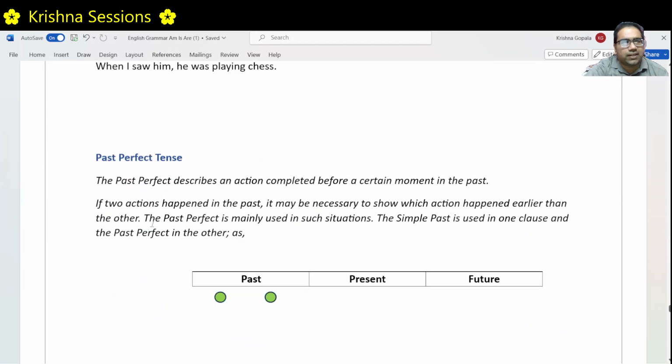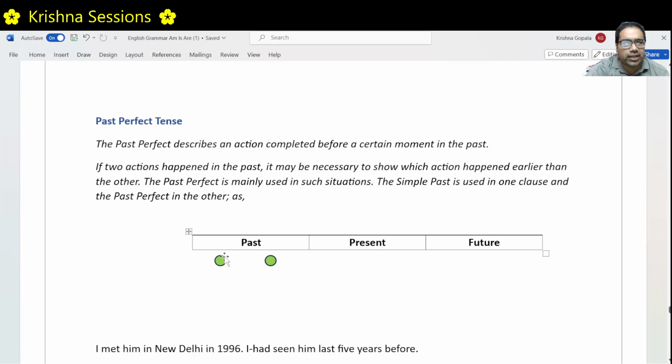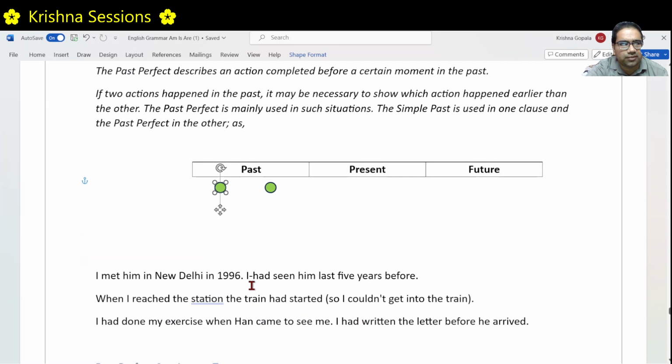Now past perfect tense. The third of past tense. The third one, past perfect tense. When there are two actions, let's say this is the recent and an action that is done before that. Then to differentiate between these two actions, for example, let's look at this sentence. When I reached the station, the train had started.